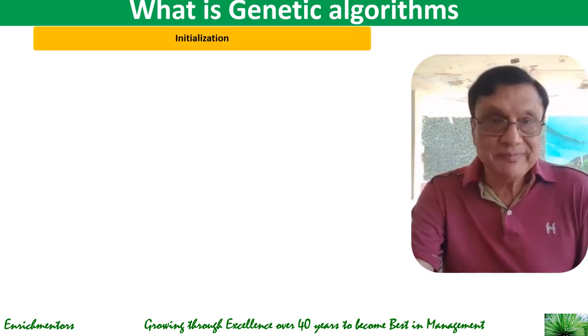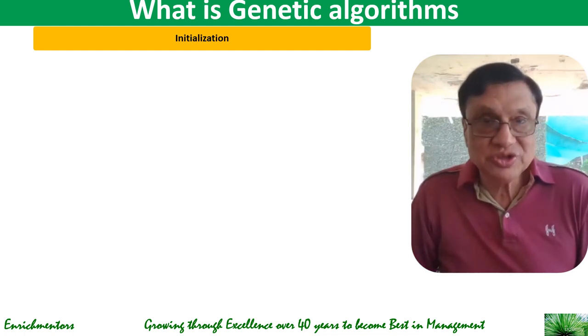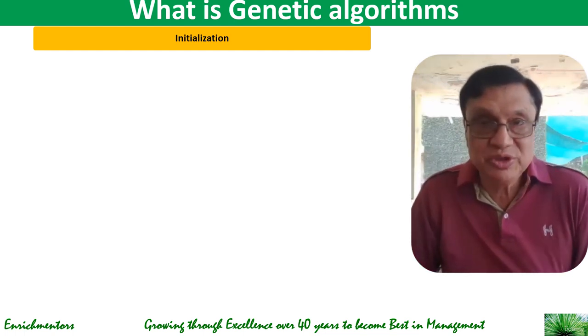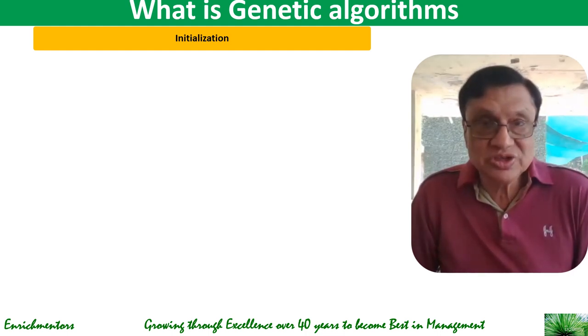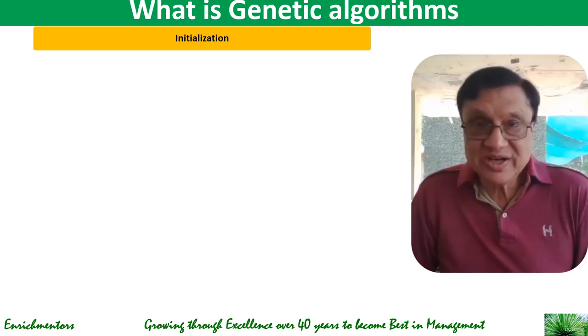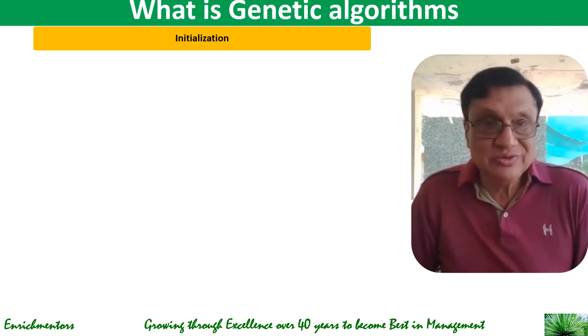You start by initializing a population of candidate solutions, individuals, randomly or using some heuristic method. Each individual represents a potential solution to the optimization problem and is typically encoded as a string of parameters, a vector of values.